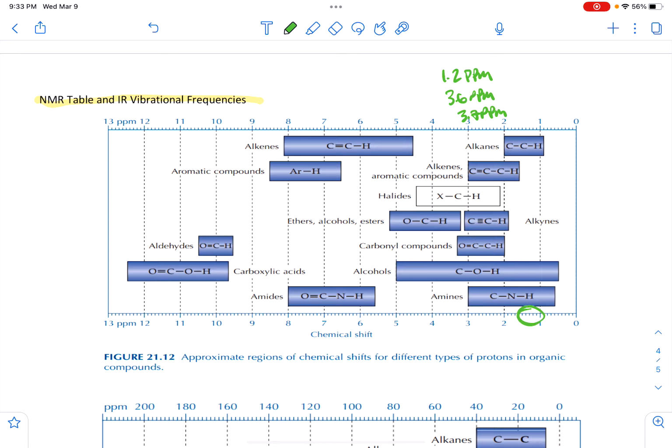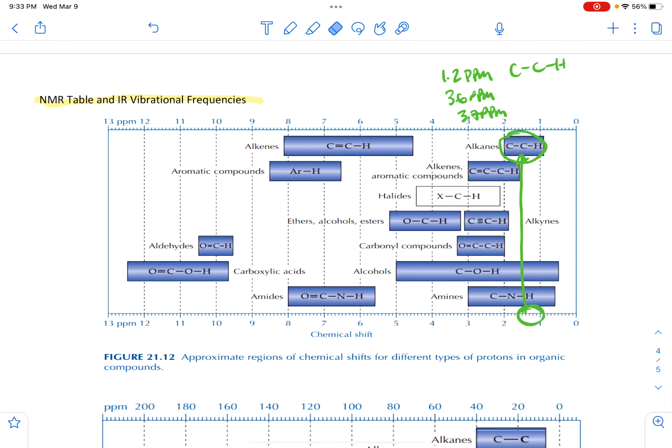The 1.2 is going to be right here, and if we move up in our line, we can see that that's an alkane. These other ones, like the alkene and the alcohols and the amines, are also possibilities. However, my gut is telling me to go with the alkane, but I can always go back and check my work if that's not the case. So I'm going to go with the C-C-H alkane bond for that first one.